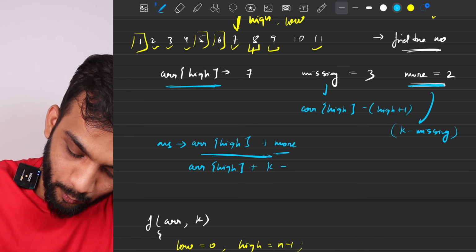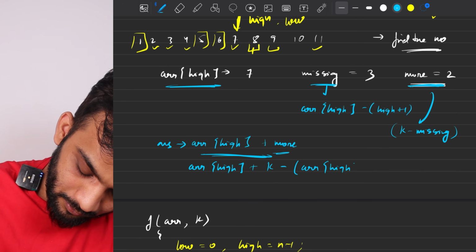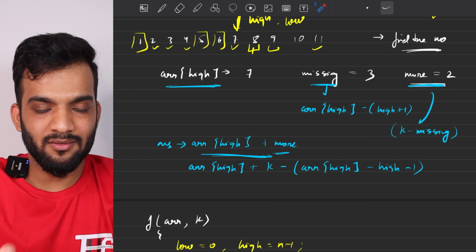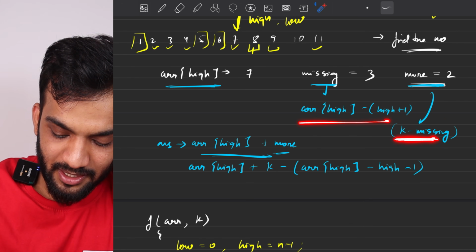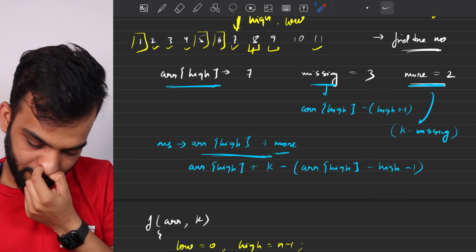K minus missing. What is missing? Array of high minus high minus 1. What I've done is I've simply put values. K minus missing was more. In missing, I've put this value. This will go here and this becomes this. Perfect. Now what will happen?